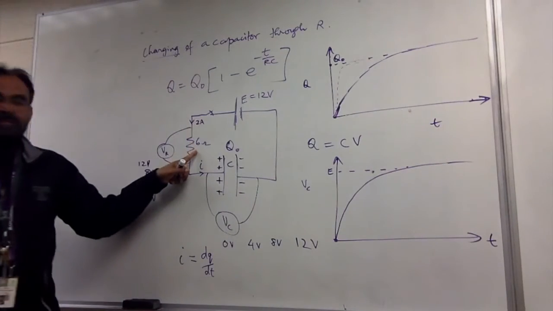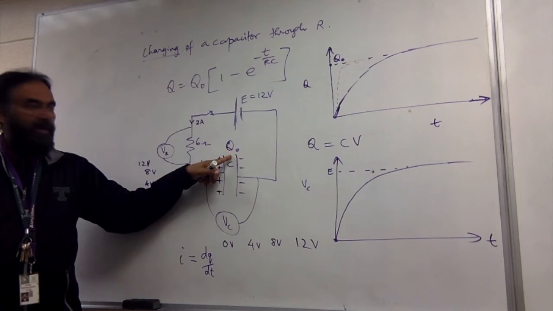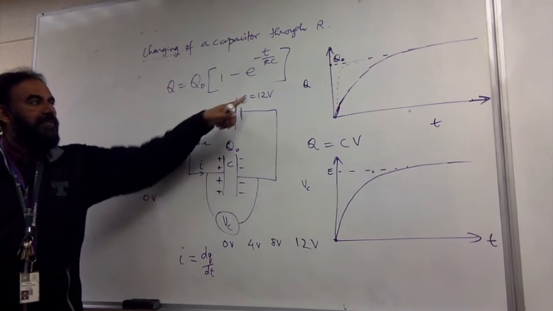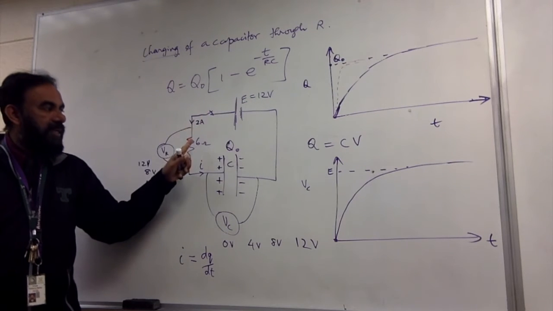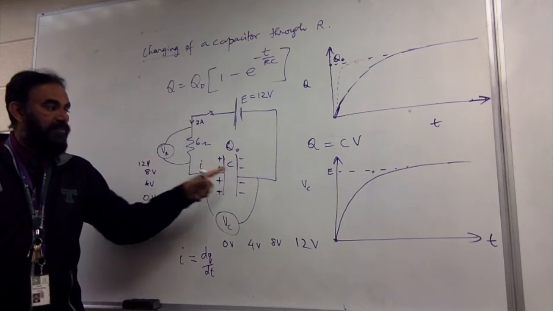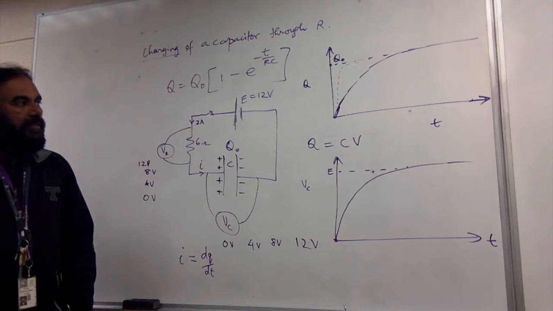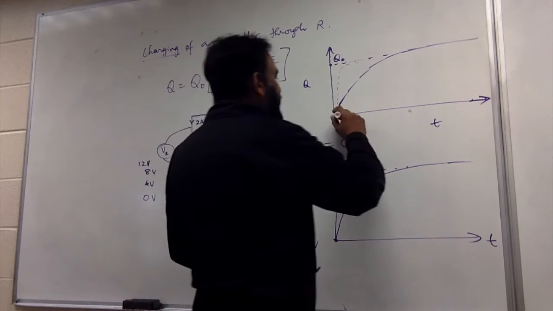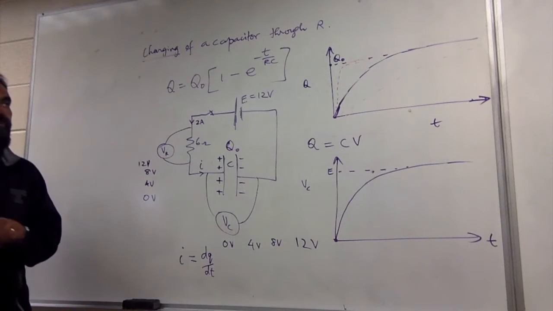So no matter what this resistance is, the maximum charge this is going to acquire is according to this voltage. Maximum voltage it can go up to is 12 volts. So you can have different rates at which it's picking up the charges. It can be slow, it can be fast.